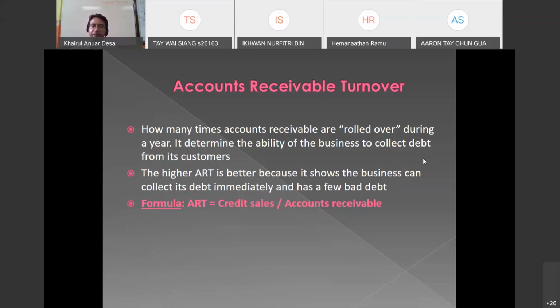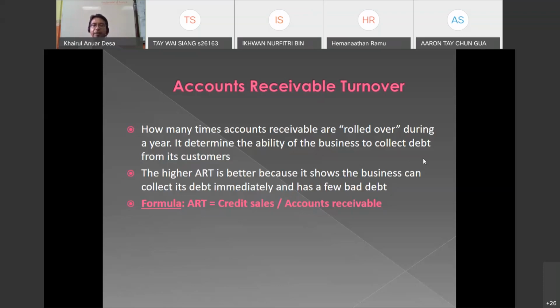Okay, semakin cepat kita kutip balik hutang, itu adalah semakin bagus. So jangan you kata kita kutip dalam tempoh 20 hari is okay or good for our company because less than 1 year. Oh, dalam bisnes semakin cepat kita kutip hutang adalah semakin bagus. Don't let our debt turn to be a bad debt.